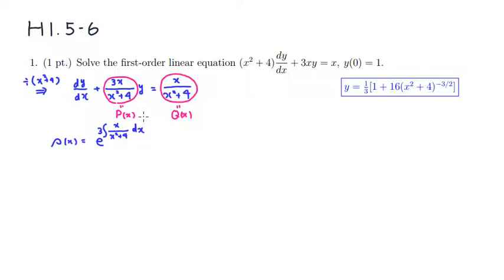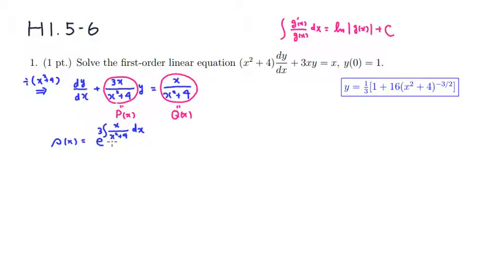I'm going to bring the 3 outside. I'm going to use this trick here: if you have an integral of g prime of x over g of x dx, this is going to be the natural log of the absolute value of the denominator, g of x, plus some constant c.